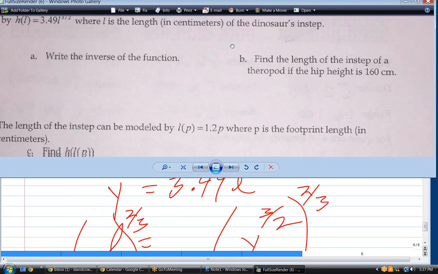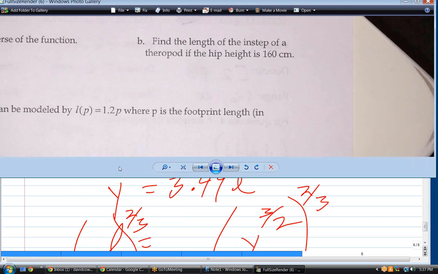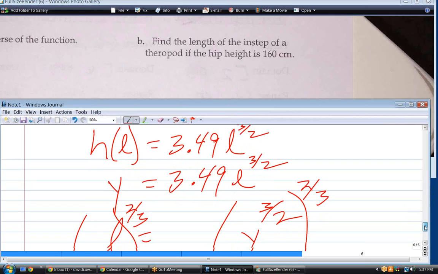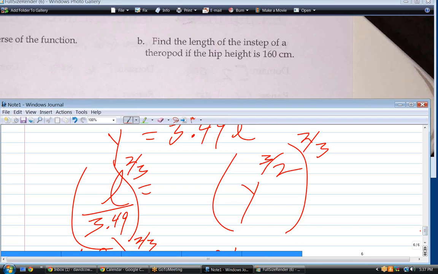Okay, and then from the length of the instep, if the hip height is 160, we're solving for L. Now, first of all, this has nothing to do with the inverse. These are two separate questions. So we're going to go back to the original function.